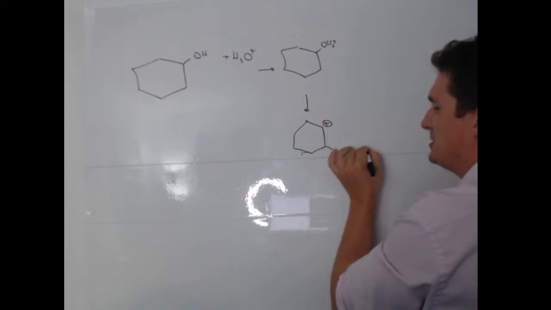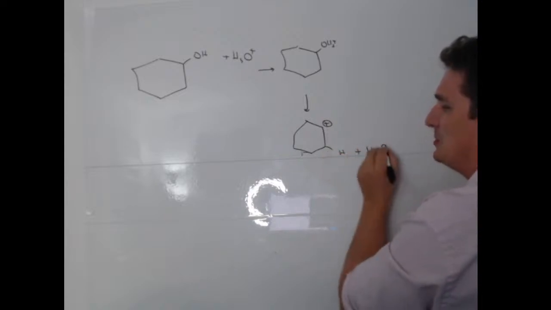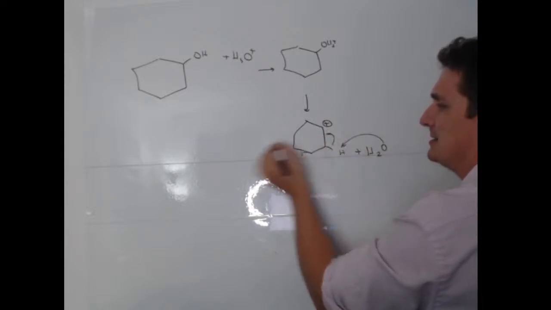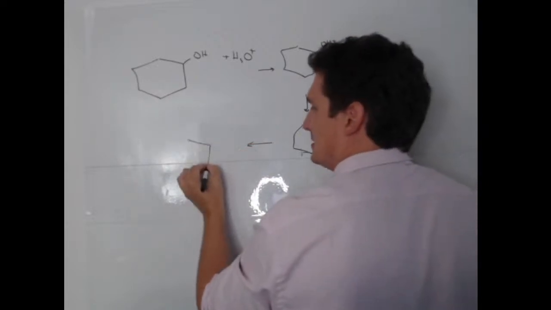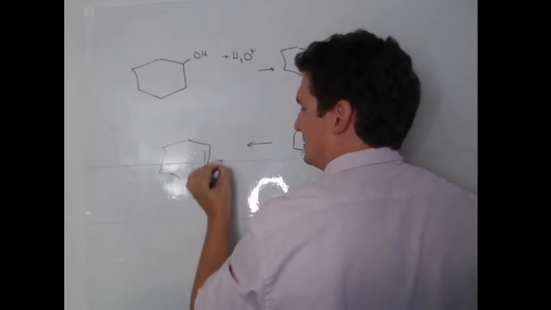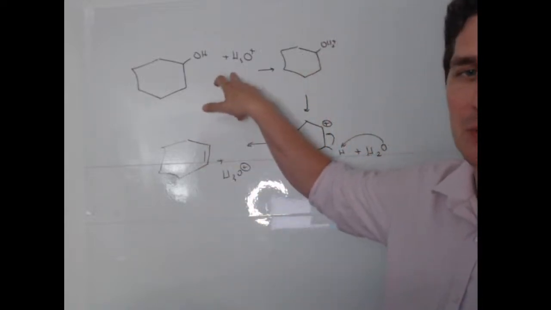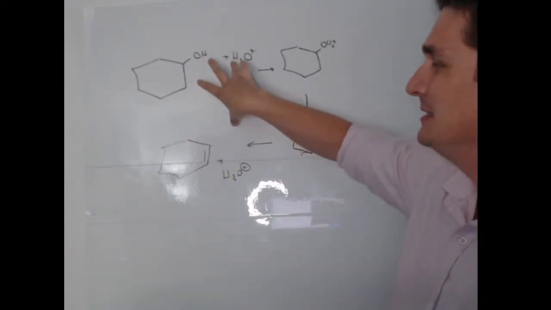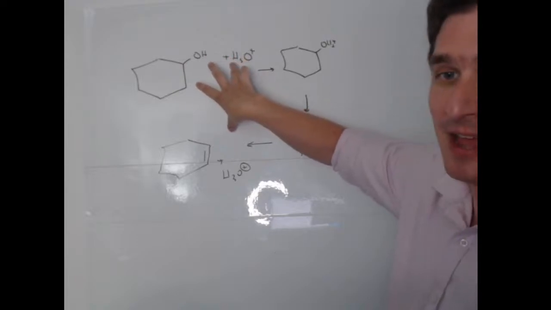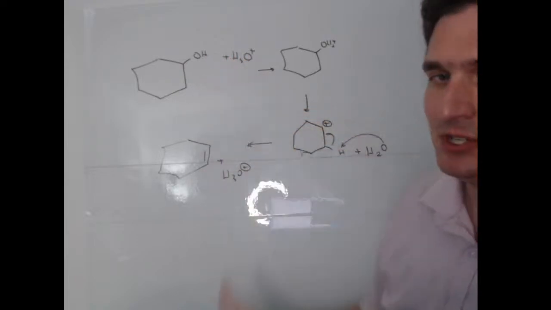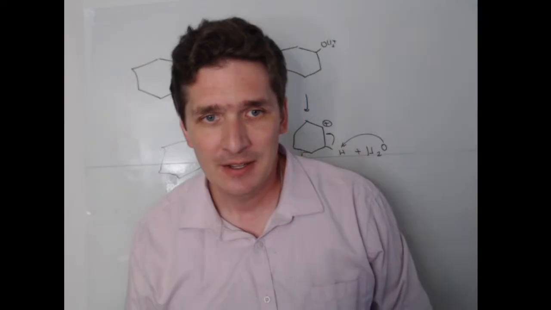And this is where you'll see the leaving groups suddenly act as a base, because we did claim that the H3O plus here was in fact the acid catalyst, and by definition the catalyst can't be consumed.